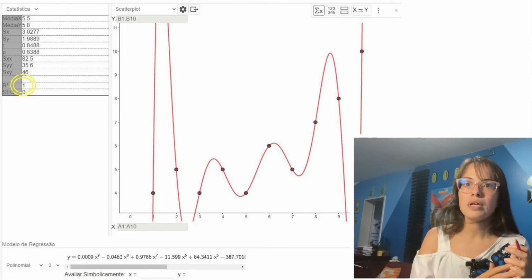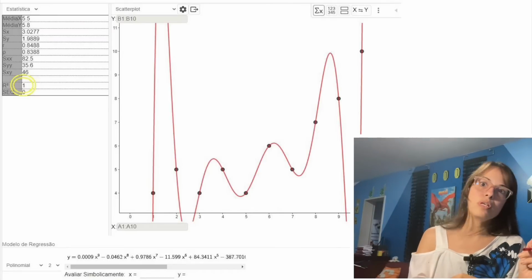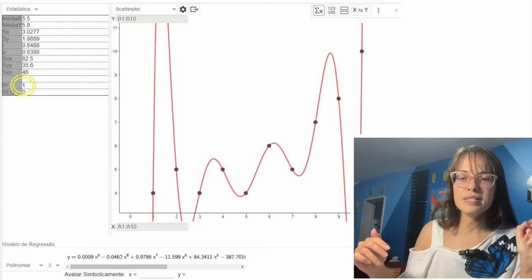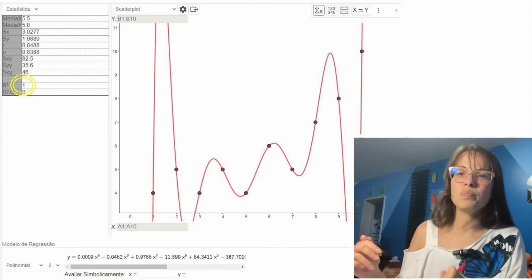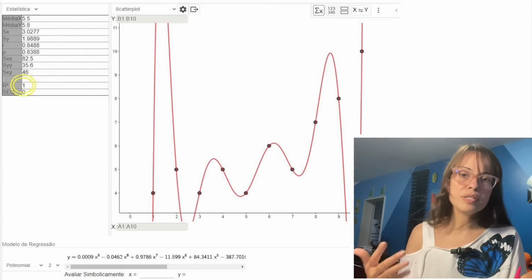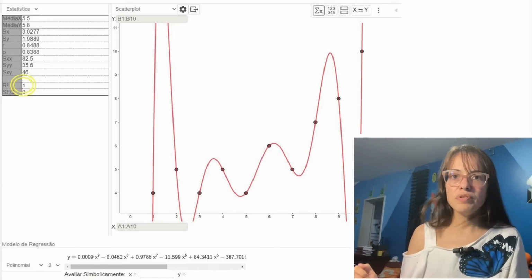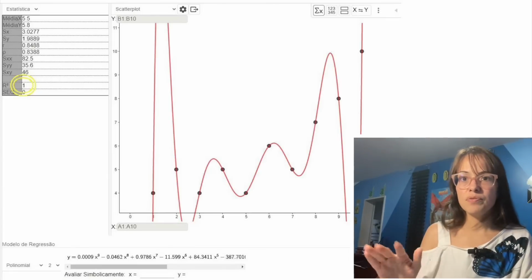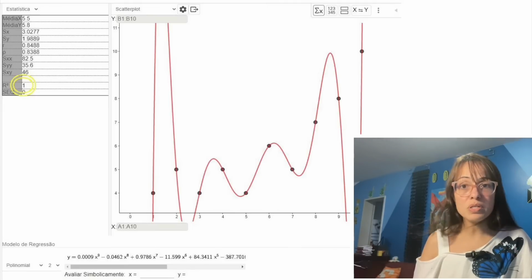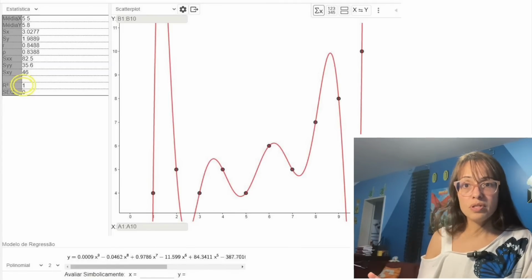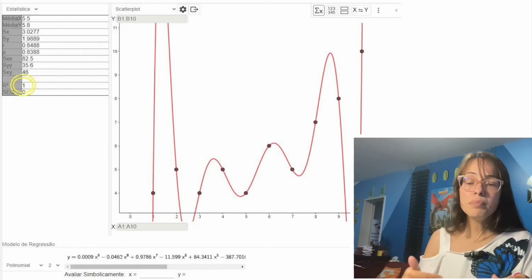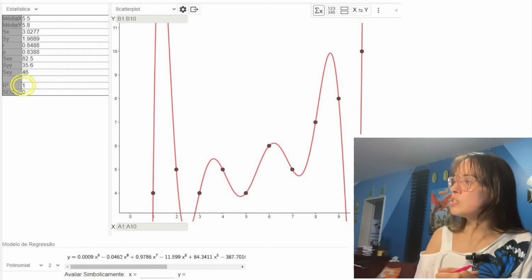If you plug in your points to the general expression of a polynomial, like say it's degree 6, so ax to the power 6 plus bx to the power 5, and so on, and you had 7 points, then you will have 7 equations in the 7 variables a, b, c, d, e, f, g. It can always be done as an exercise in solving a system of linear equations. It can be annoying, but you can also use matrices to do that, so whatever.